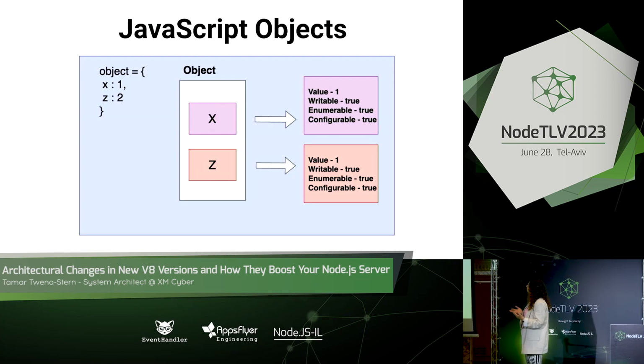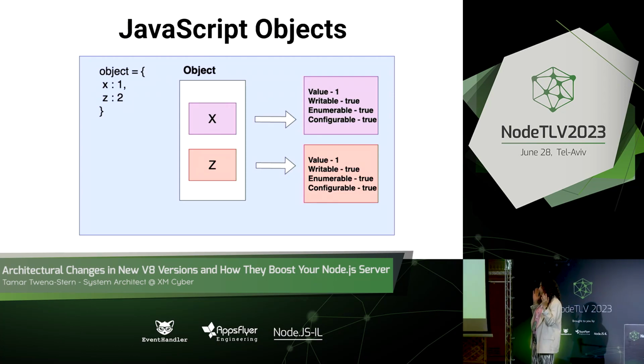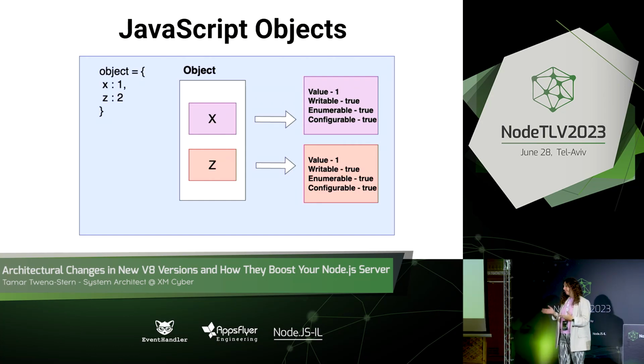I'm not gonna get really deep into them right now. But just imagine millions of objects built the same, and each one of them has a property pointing to those 4 characteristics, and that is duplicated millions of times. That's just such a waste because we don't need that.